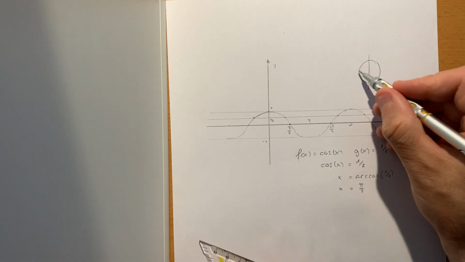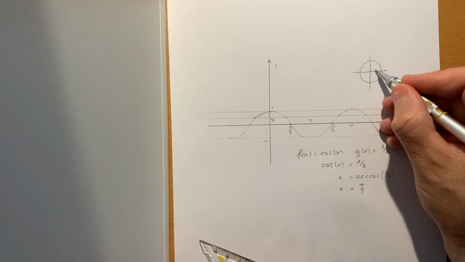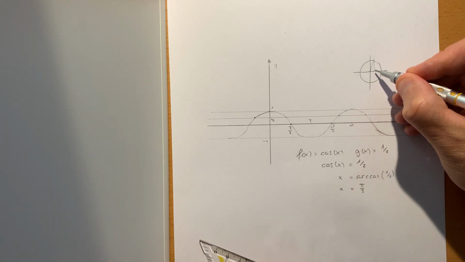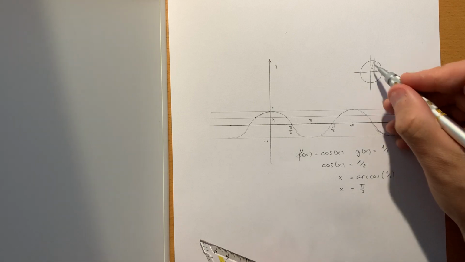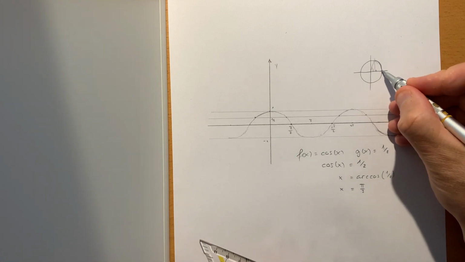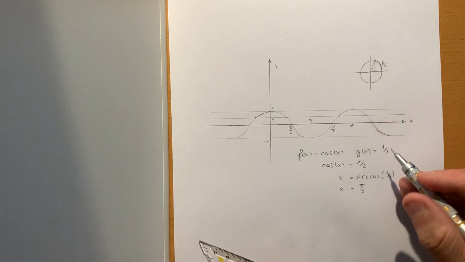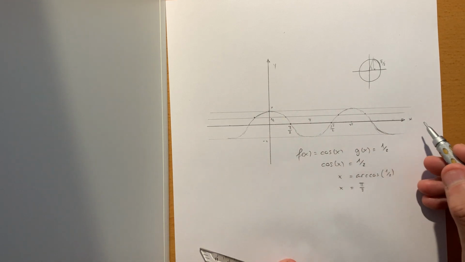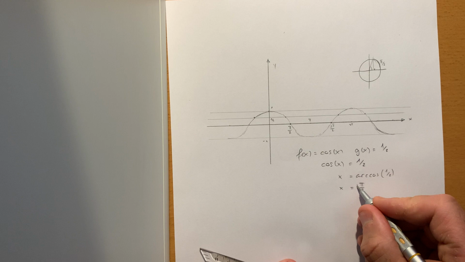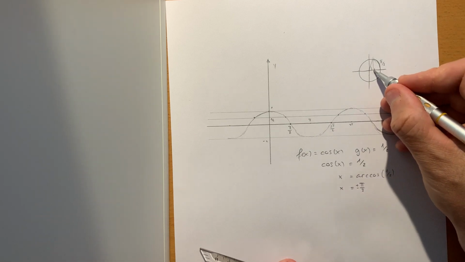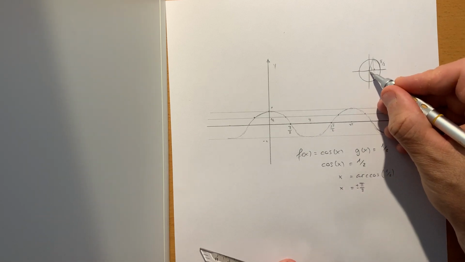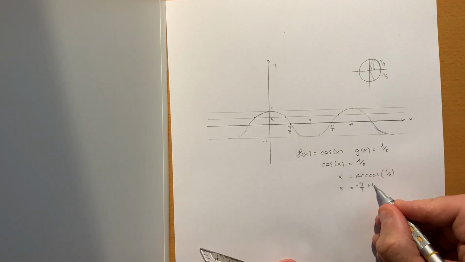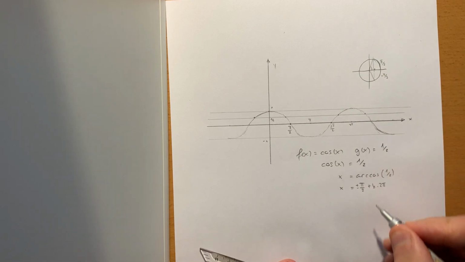Here we go. This is 1/2 for cosine. Well, clearly this will be 60 degrees or pi thirds, because we work in the radian measure, because the x-axis here is always in radians. So it's plus minus, because we could use this one too, plus minus pi thirds, plus k times 2 pi.